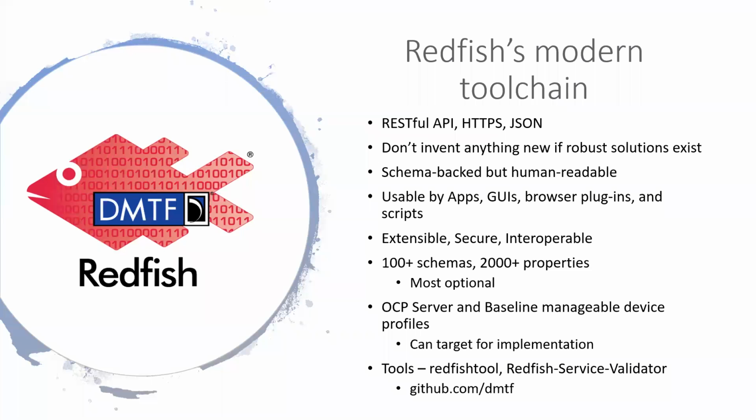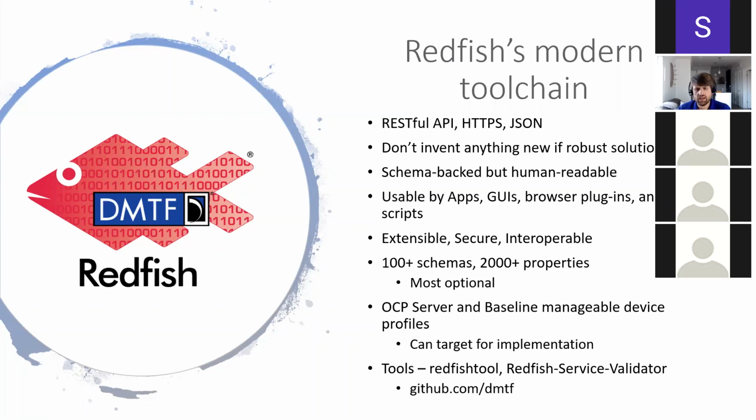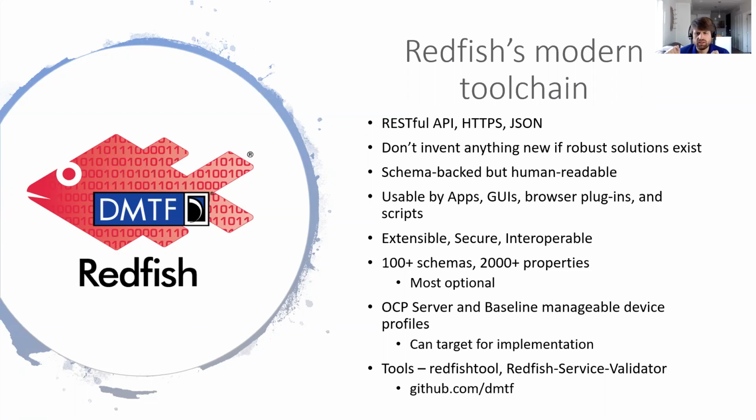It's built on REST, with HTTP methods: post for create, get for read, put and patch for update, delete for delete. It uses part of the Open Data Protocol version 4. It can be usable by apps, GUIs, browser plugins, and scripts.